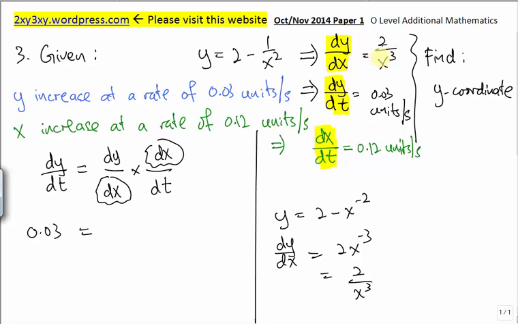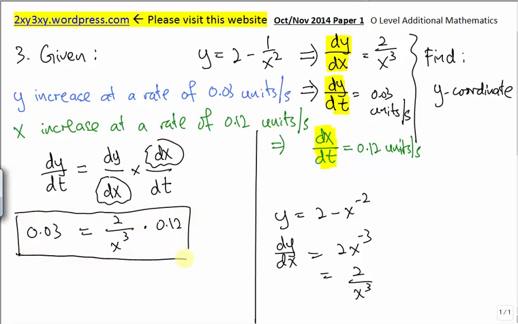I plug dy/dx into here, multiplied by dx/dt, and dx/dt is 0.12. I put a dot just not to confuse it with the x. From here we have formed an equation, and there's only one unknown, that is x.